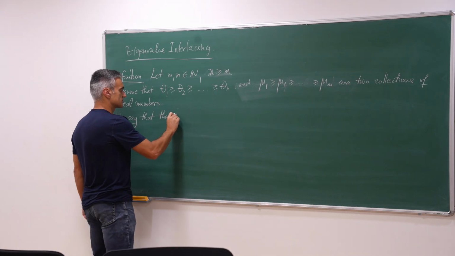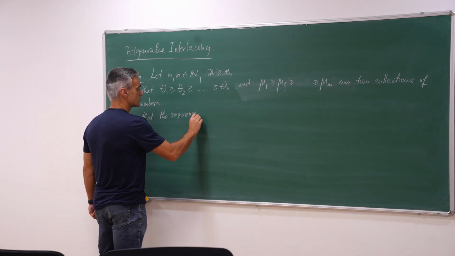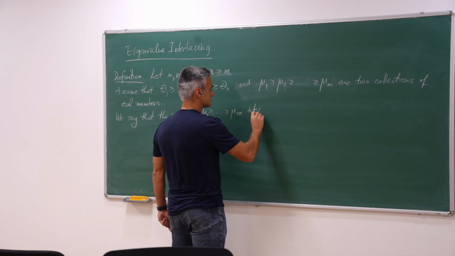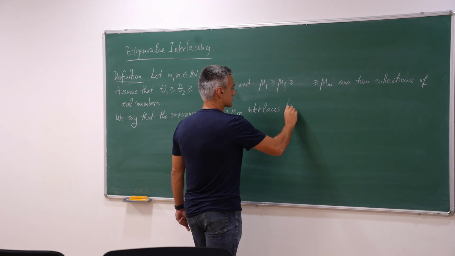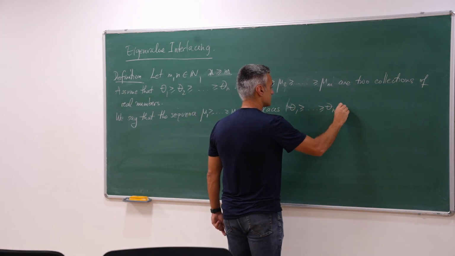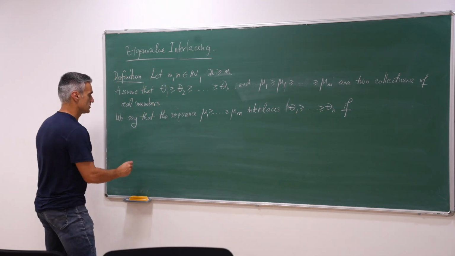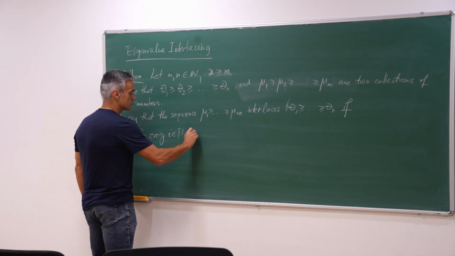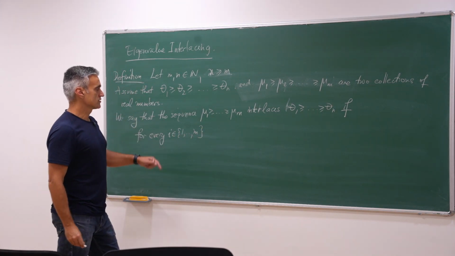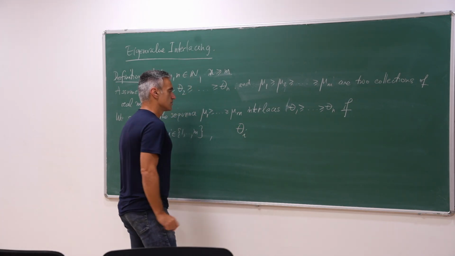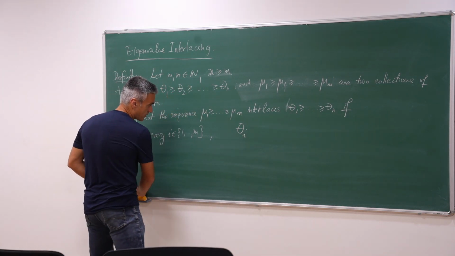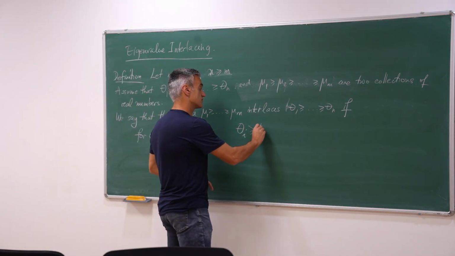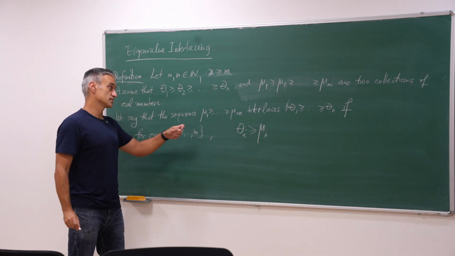We say that the sequence mu 1 through mu m interlaces theta 1 through theta n if the following holds: for every i from 1 to m, if I look at the theta i entry in the big sequence, this is going to beat the corresponding i entry in the small sequence.